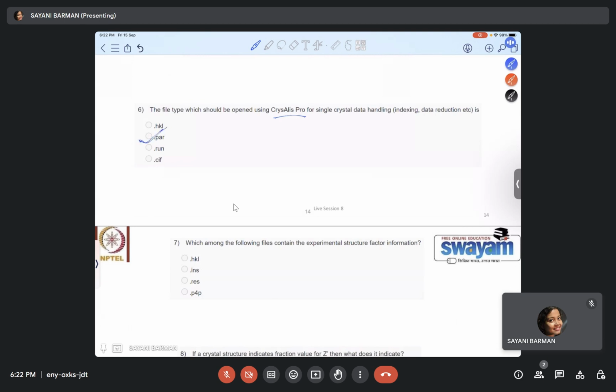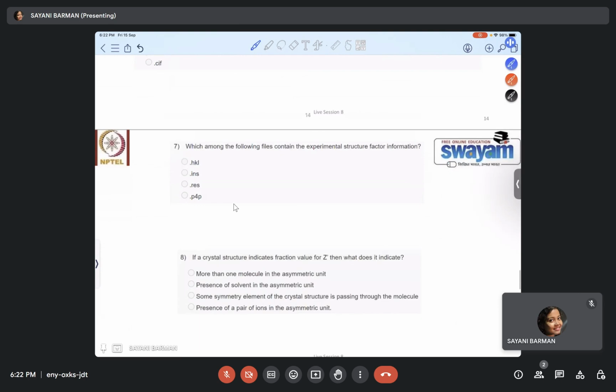This is the option. Now the next one is which among the following files contain the experimental structure factor information?